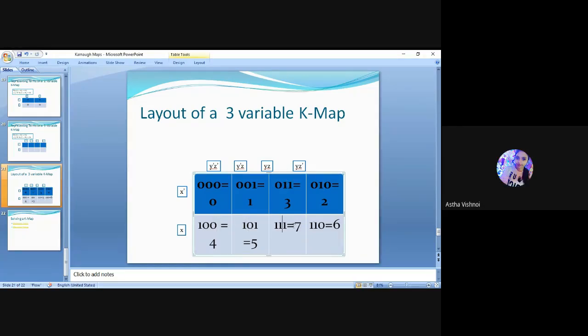So these are the same terms. And how to remember it? First of all, you must remember the layout of the variables. I'll just show you. Just give me a second, okay?